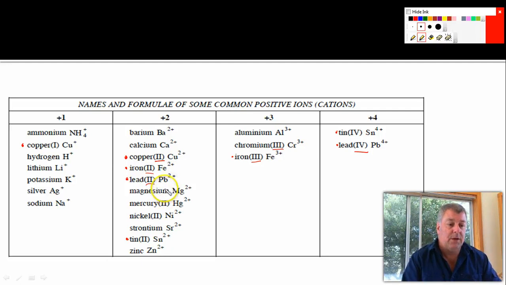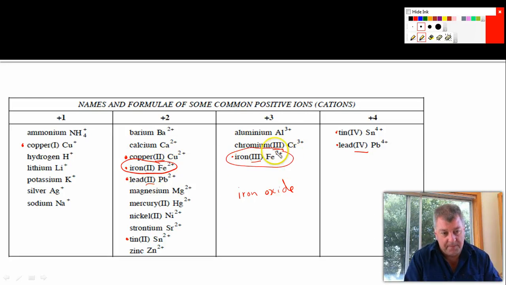Because, for example, we could have two substances which we could theoretically call iron oxide, and it could be formed with this ion or this ion.